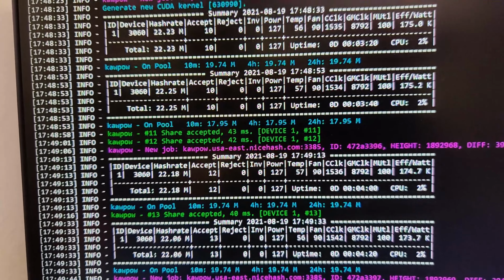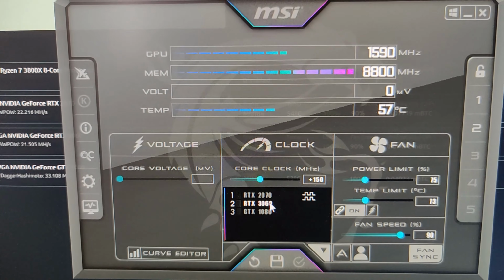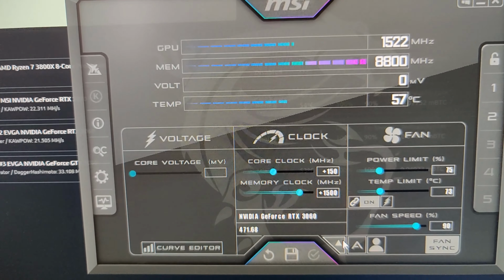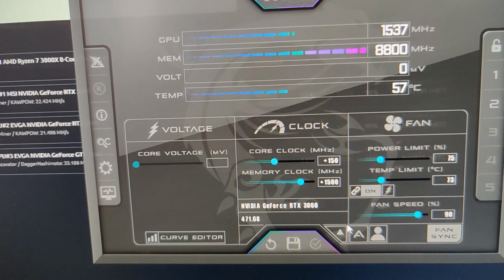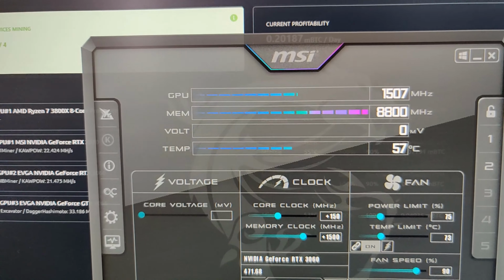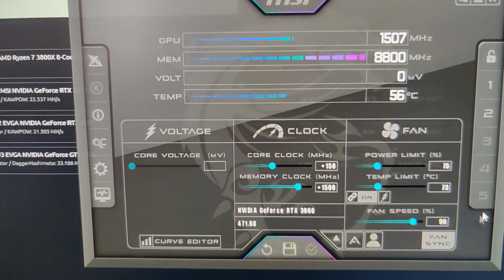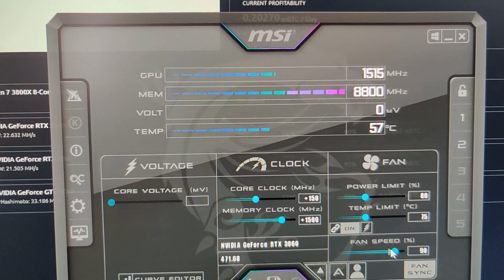Now let's switch to my 3060 so you guys can see that. On my 3060, I have the core clock at 150, memory clock 1500, and power limit at 75. Again, I would normally increase that power limit up to 80 if I'm mining Ravencoin, because Ravencoin is a little hungry.